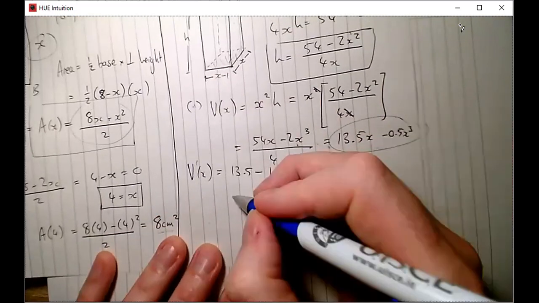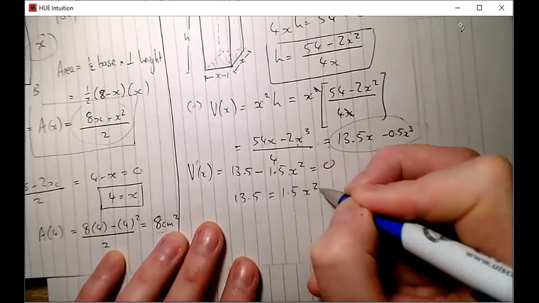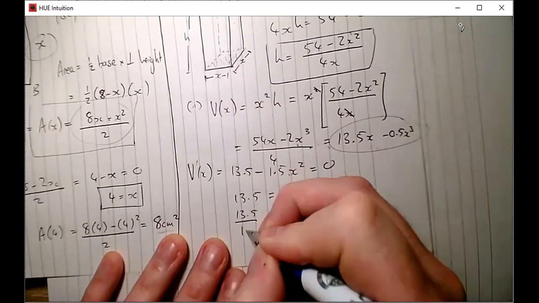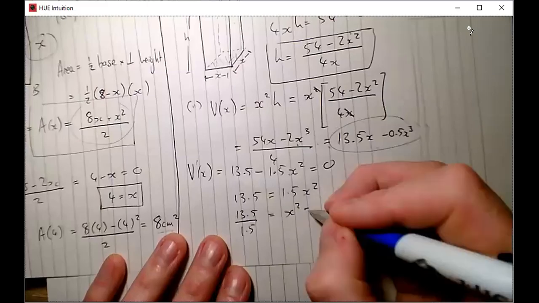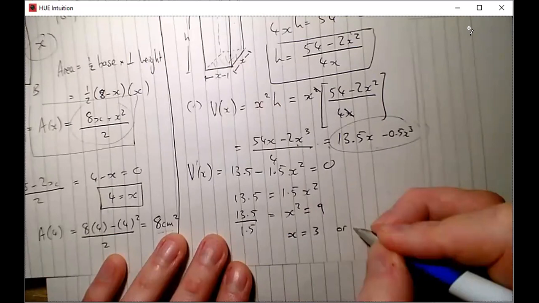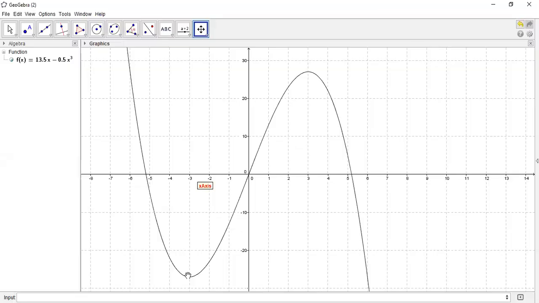So that means 13.5 equals 1.5x squared, and x squared is 13.5 divided by 1.5, which is 9, and x is 3. Now, or minus 3. If you go back to GeoGebra there, you can see that we had a minimum point at minus 3 as well. So we have 2 turning points we've discovered here at 3 and at minus 3. However, we're only interested in the one at 3.